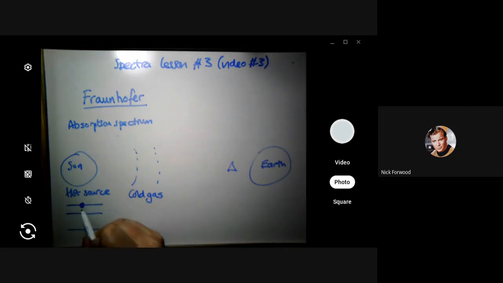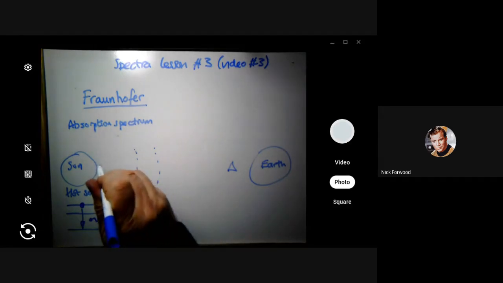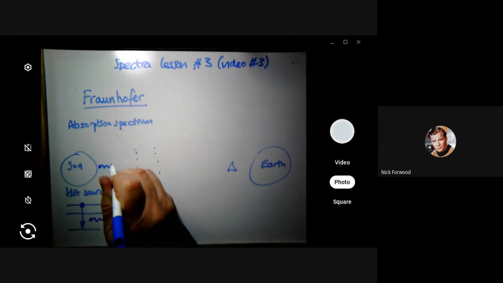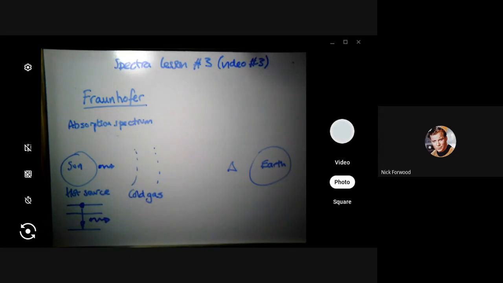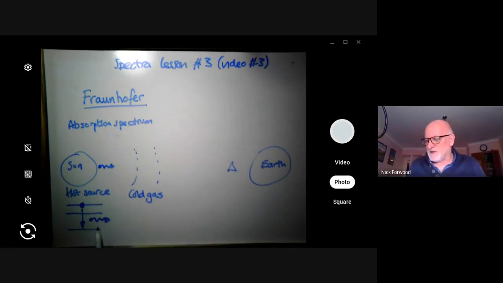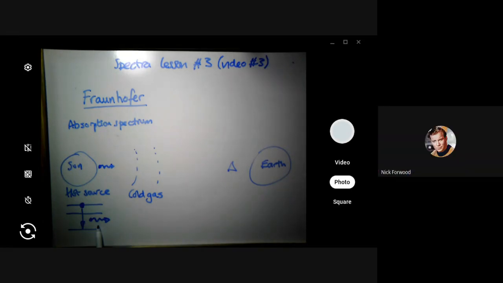Did this a little bit earlier. As the electron drops back down, we're going to get a light photon. So we've got light photons leaving the sun and traveling out. And this obviously is going to give us an emission spectrum, because energy is being emitted. Light photons are being emitted as the electron drops down.